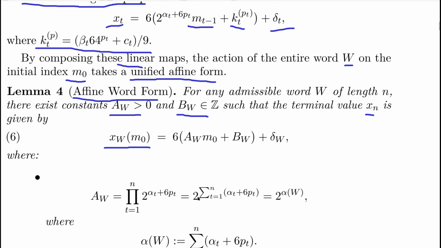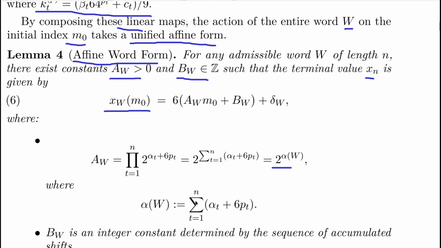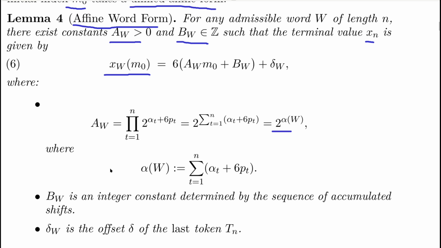So this is the same as 2 raised to the sum of at plus 6 pt, which here we call 2 raised to aW for the word, where aW is defined as the sum of at plus 6 pt from t equals 1 to n. BW is an integer constant determined by the sequence of accumulated shifts, and delta W is the offset delta of the last token Tn.